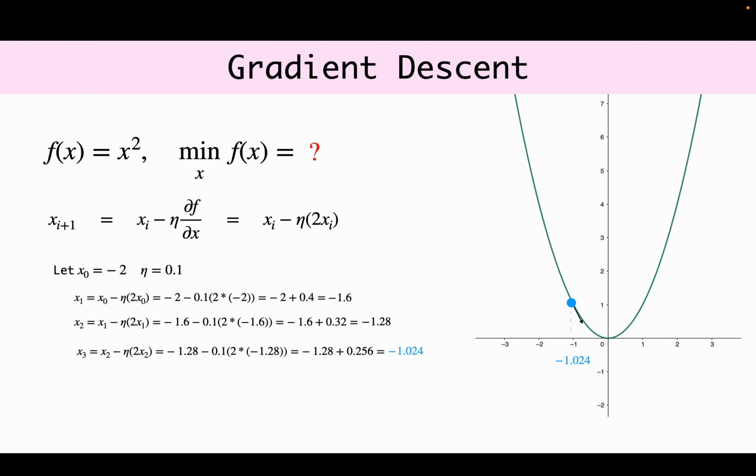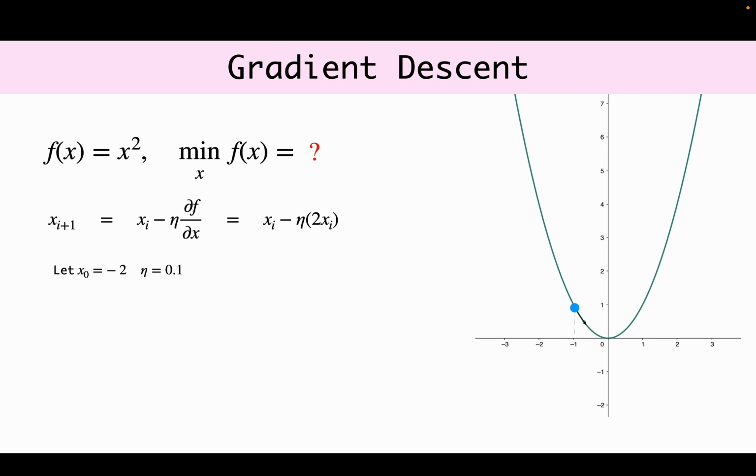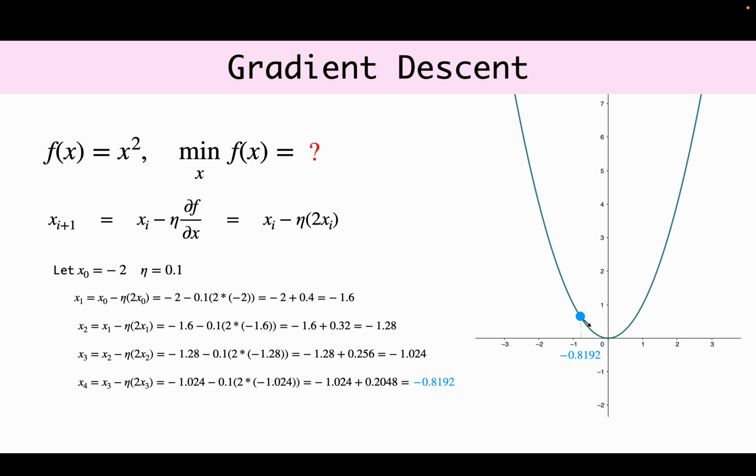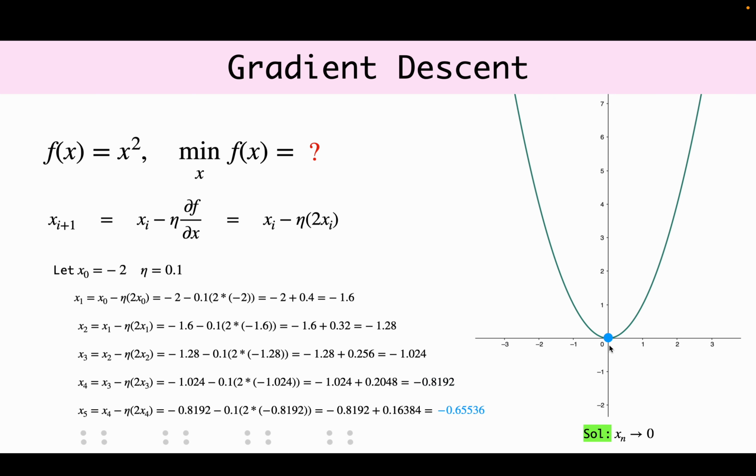One more iteration, we come to minus 1.024. Once again, it goes to minus 0.8192, and so on, and we can go until we reach the minima. But we never actually reach exactly 0, it only tends to 0. That's why we say that gradient descent gives an approximate solution in an iterative manner. So in this way gradient descent works.